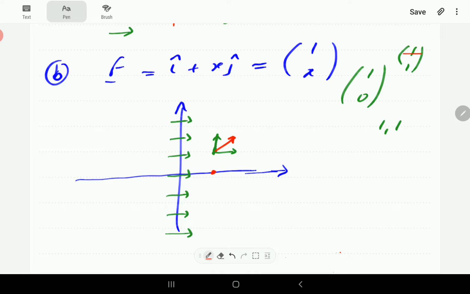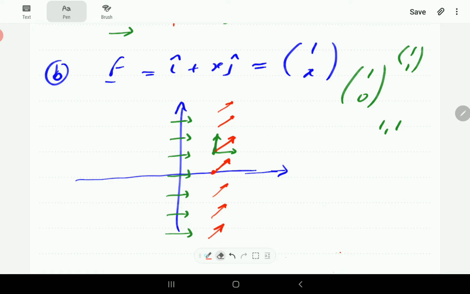This one is always 1. So again, we're going to get that (1, 1), the same vector. So this is what we're going to have all the way up and down that vertical line.